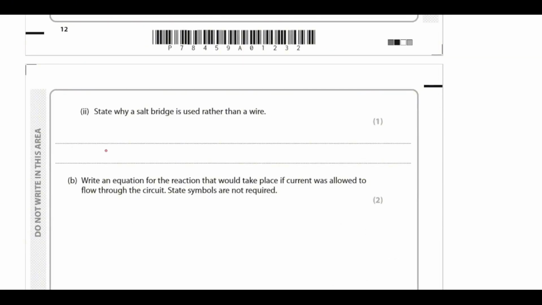So we can say that ions can flow through a salt bridge but not through a wire.